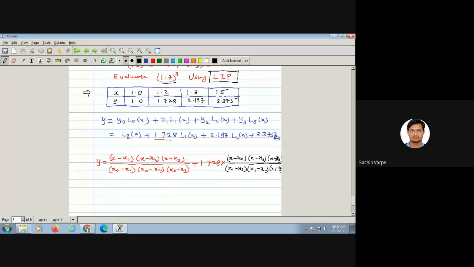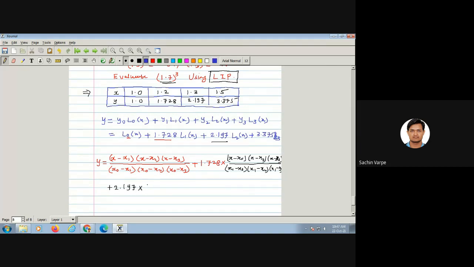If still anybody is not getting how we write these L0 or Li's, then please ask. I can explain one more time. Plus the next is 2.197 into L2. What is the formula for L2?